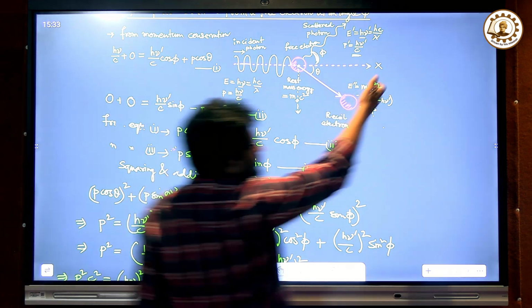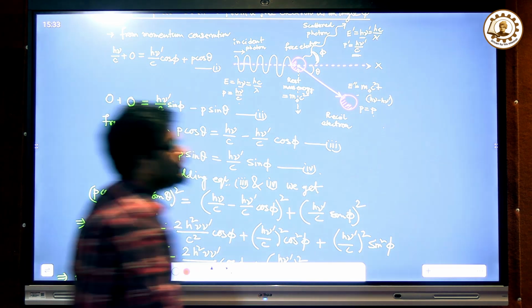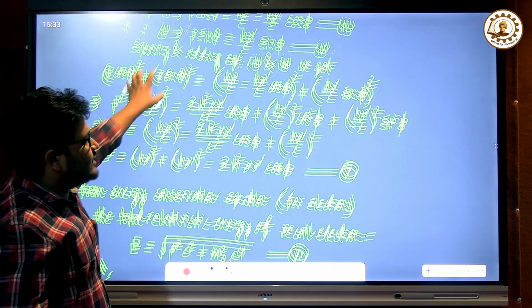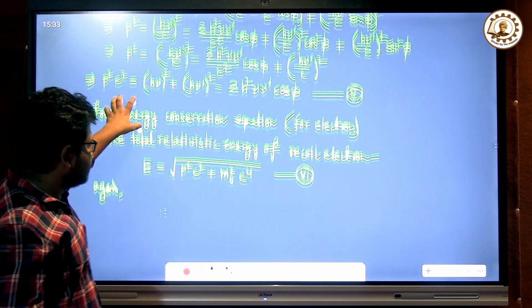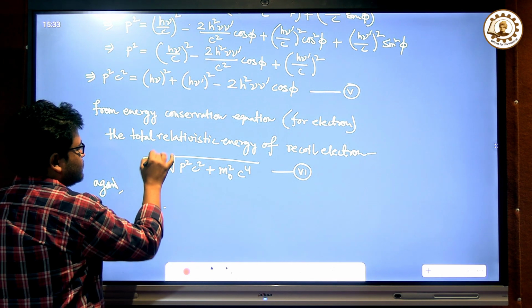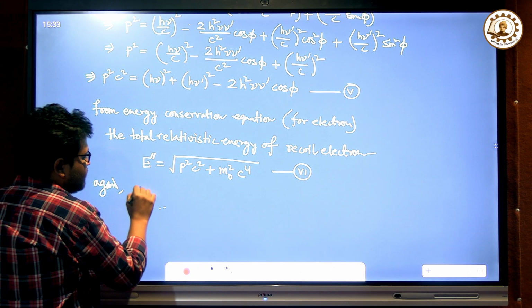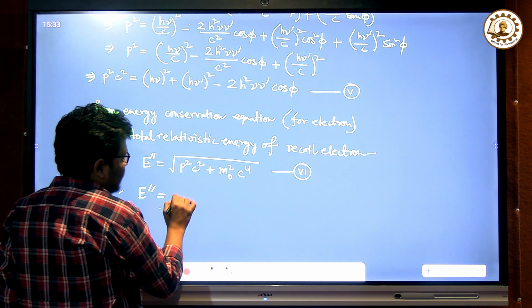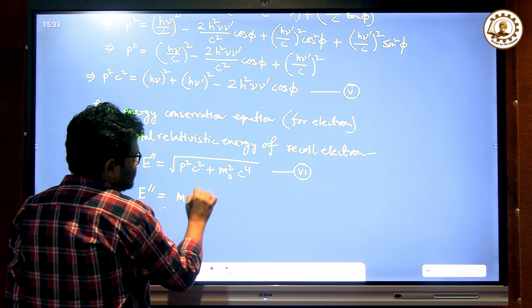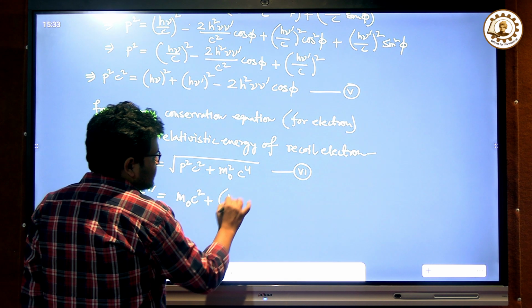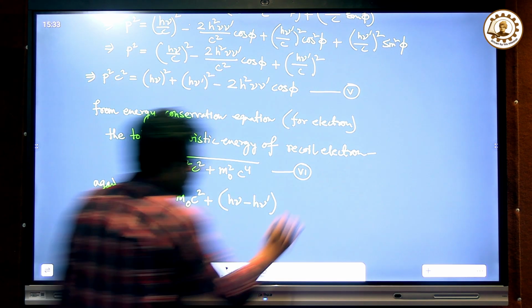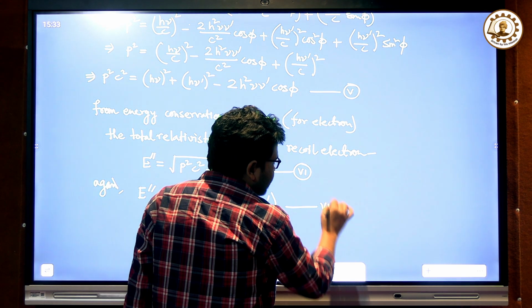That is m0 c square plus h nu minus h nu prime. So it is also the total relativistic energy. Again, the total energy of the electron, E double prime, equals m0 c square plus h nu minus h nu prime. This is our equation number 7.